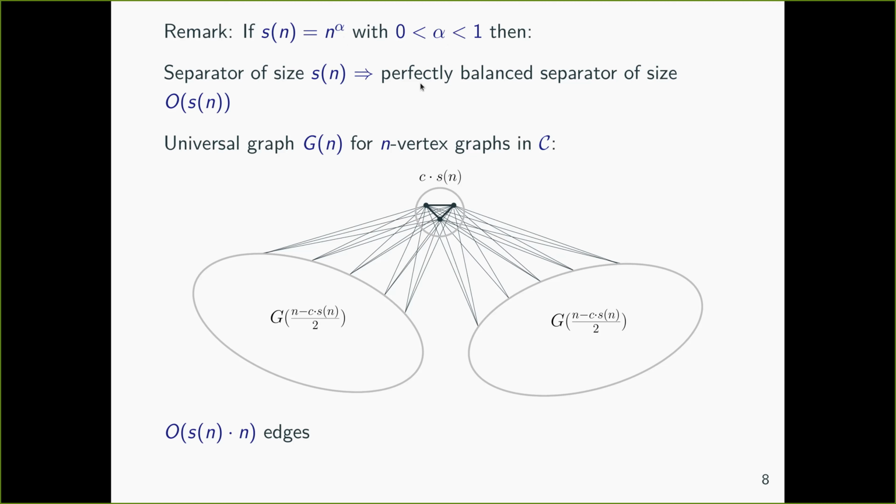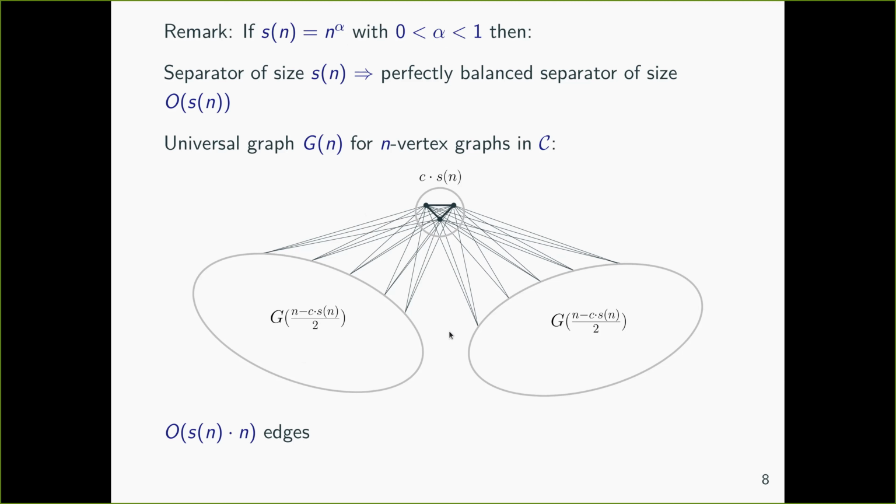So you actually have perfectly balanced separators of size big O of the size of the separator, and when you do this construction, the extra log n factor again disappears, simply because at each step it decreases. If you have root n, then it's root n over 2, root n over 4, and so on. So the log n factor actually gets amortized.